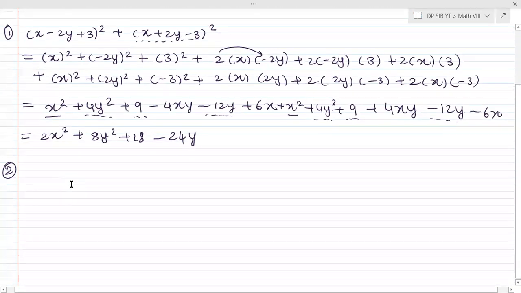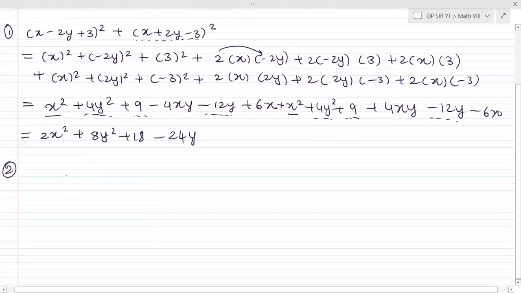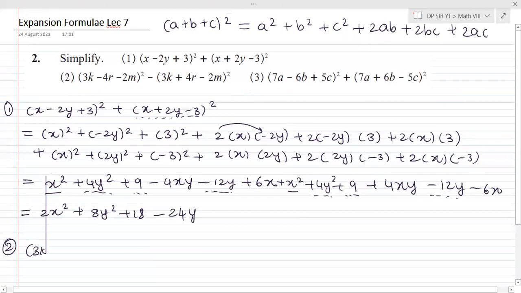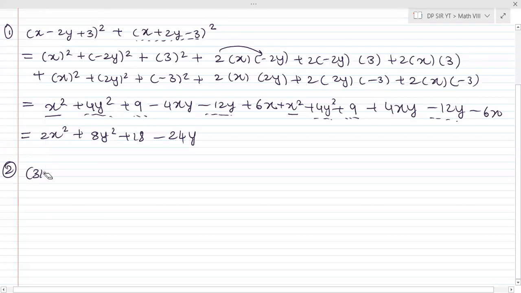Now, (3k minus 4r minus 2m) the whole square minus (3k minus 3k plus 4r minus 2m) the whole square. Here it's going to be a square, so can I write directly?